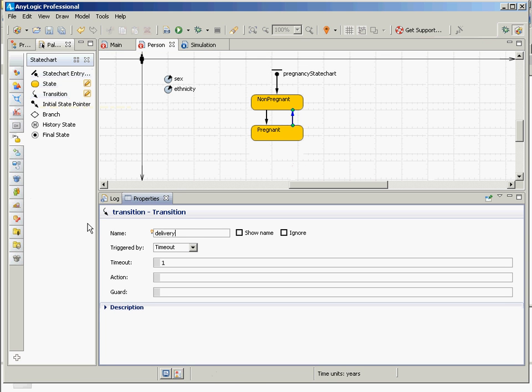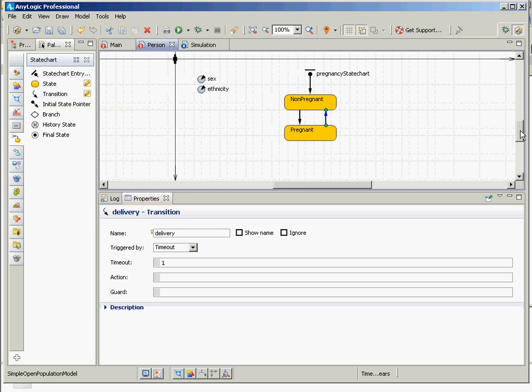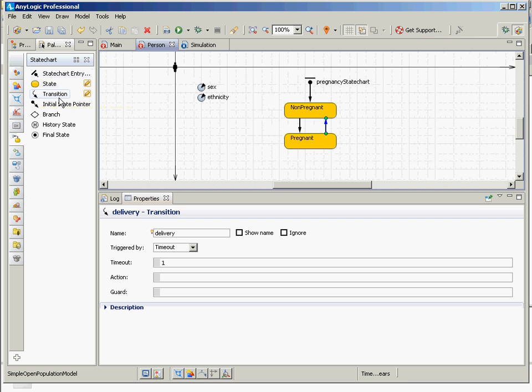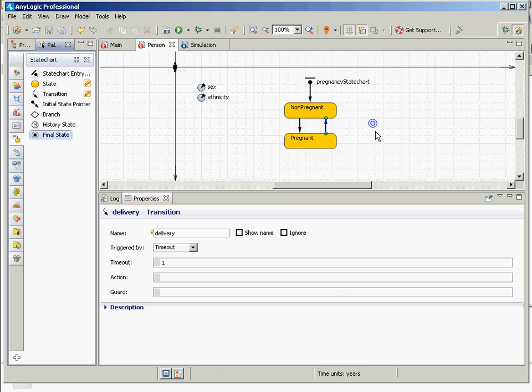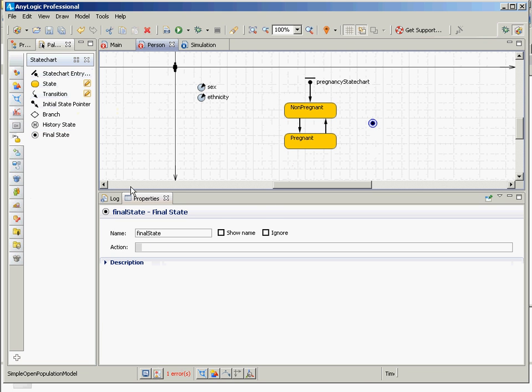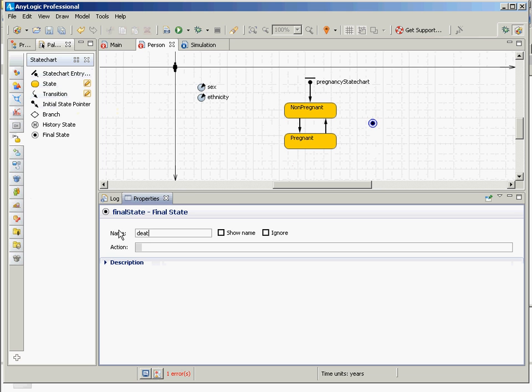Now, we're going to further have a final state, which is death, or dead, and there'll be transitions to that state.